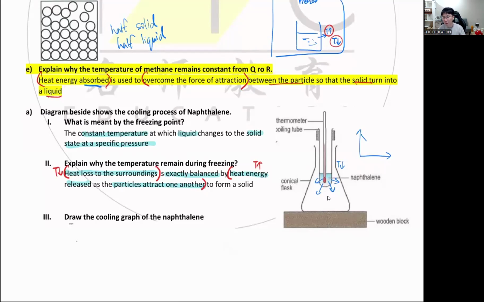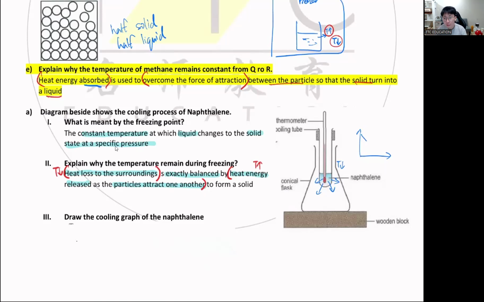In this experiment I would say it's fine. But this one is the marking scheme answer. So if you get a chance, you can try to write atmospheric pressure instead of specific pressure, then let me know. I will say it's fine. If I were marking your paper, I'd give you correct. But different teachers mark in different ways.